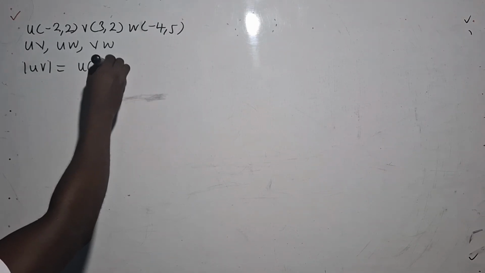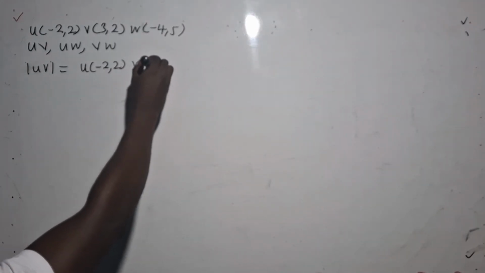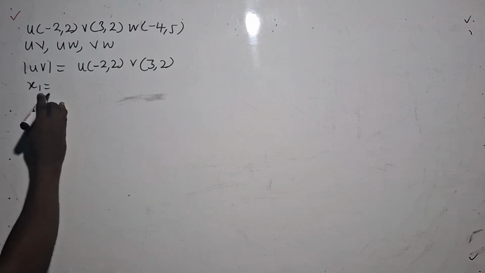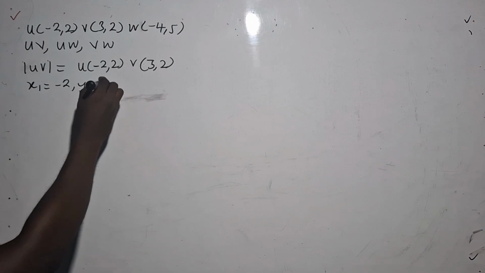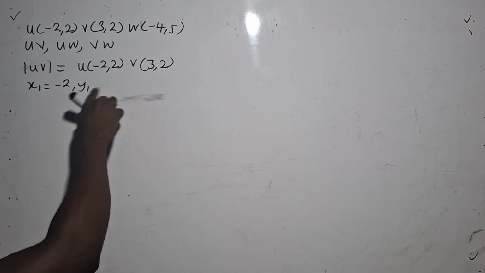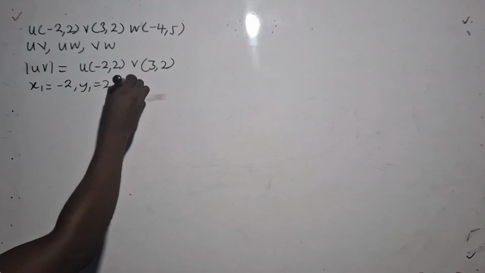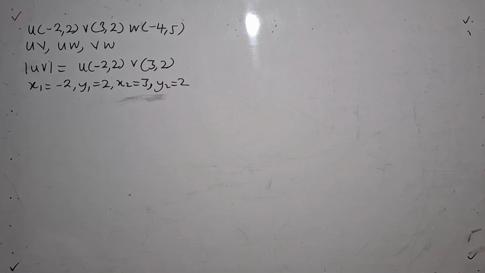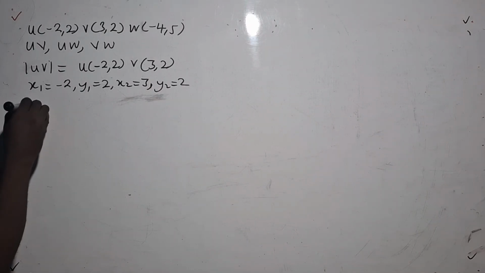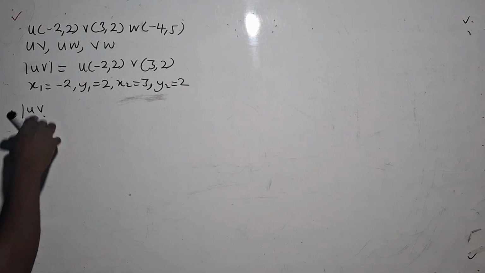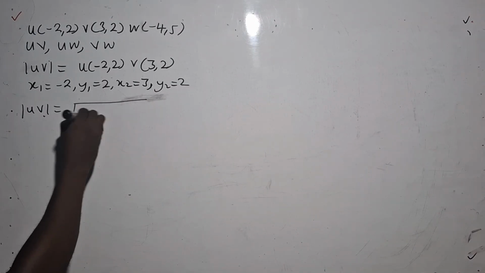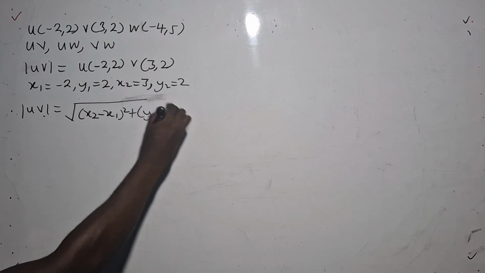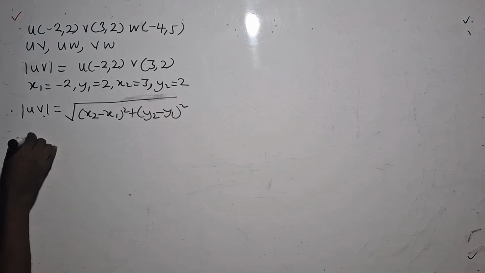So let's find our U. The U is negative 2, 2. Then our V is 3, 2. So x1 is negative 2, y1 is 2, x2 is 3, y2 is 2. So the formula, the length of UV is the square root of x2 minus x1 squared plus y2 minus y1 squared.